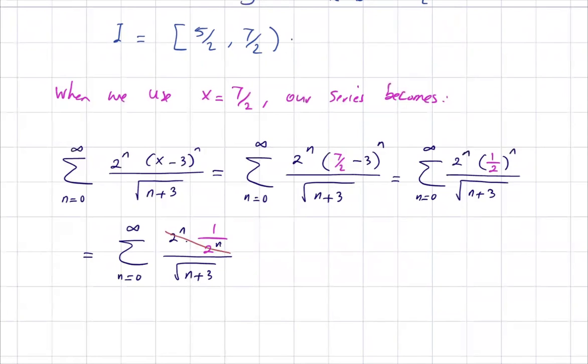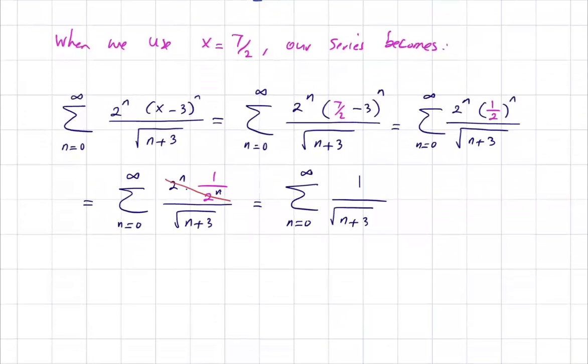So you can cancel out 2 to the n, 2 to the n, and this series is comparable to a p series, 1 divided by square root of n plus 3.